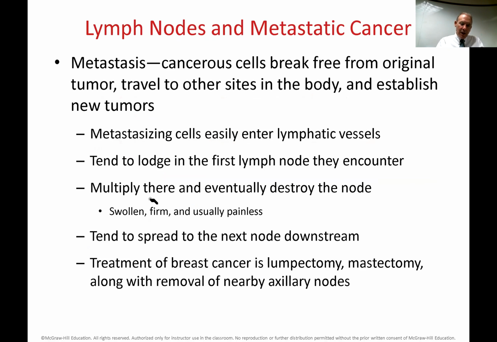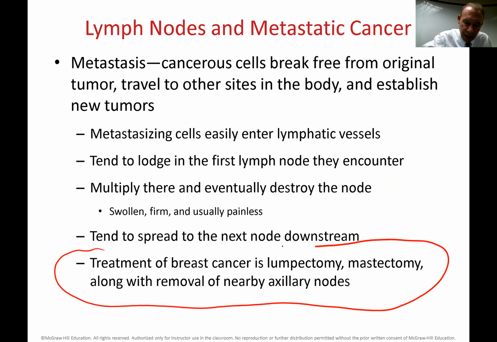Okay. Just to give you an idea, this is not exact, this is not complete by any means, but if you look at treatment of breast cancer, lumpectomy is removal of the cancerous area. Mastectomy is removal of the breast tissue. And when you do those operations, you will remove some, usually not all these days, but you will remove some of the nearby axillary nodes.